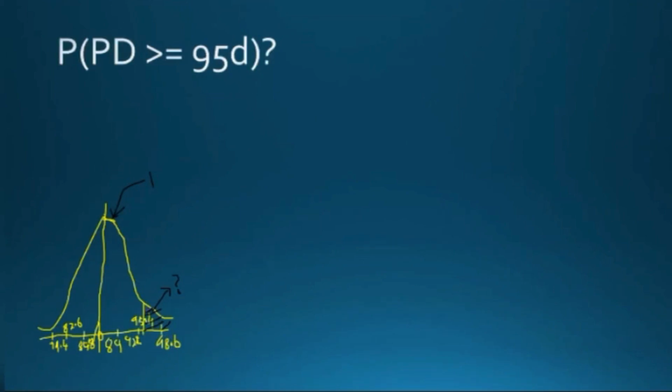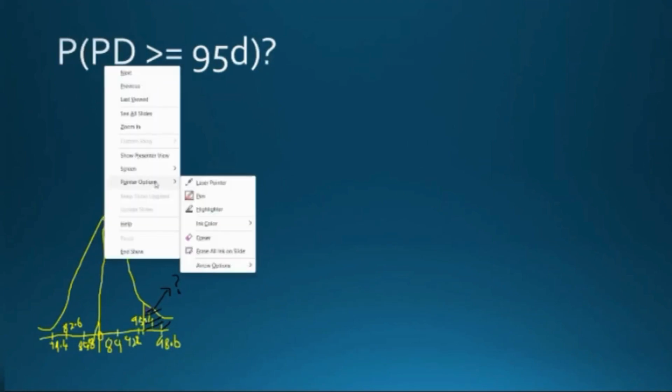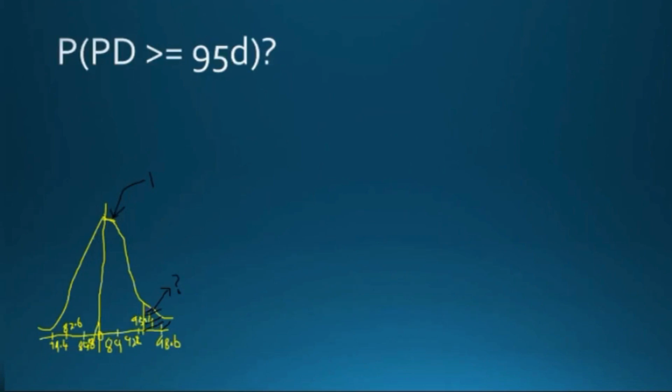I want the probability of project duration greater than 95. Shall I rewrite this as? Now, this curve is another area.